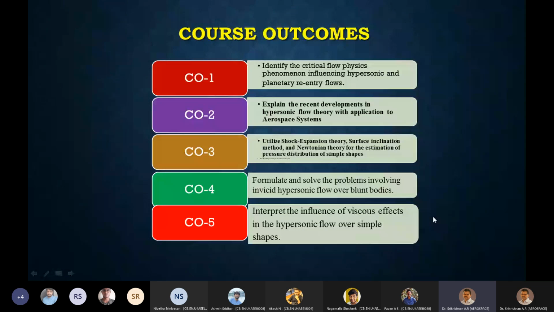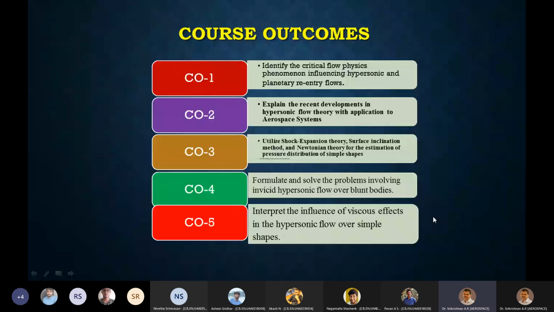CO3 is being able to apply shock expansion theory, the surface inclination method, Newton's theory, etc., for the estimation of pressure distribution on simple shapes. These are formulations of fundamental analysis methods for hypersonic flows.